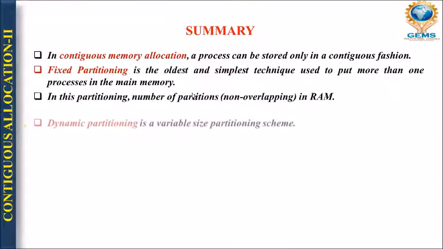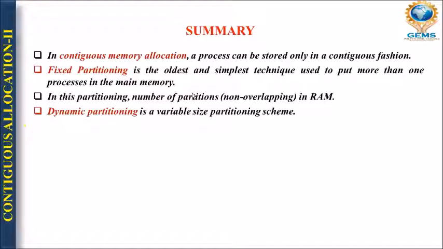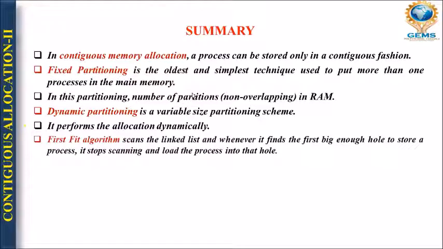This is a very good point that we have in fixed partitioning. In dynamic, the size is variable. That means basically it is used at runtime. It performs the allocation dynamically, at execution time, when the process needs a certain amount of size, that much size only is given to the process.